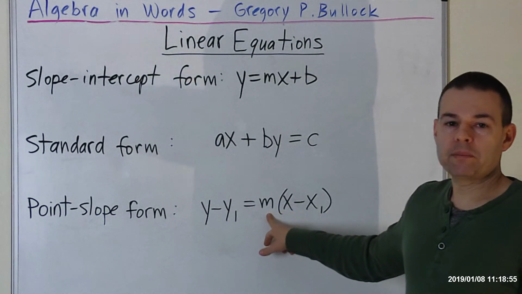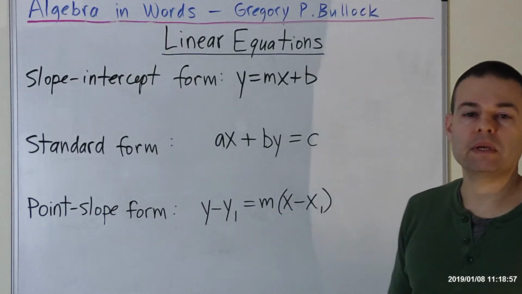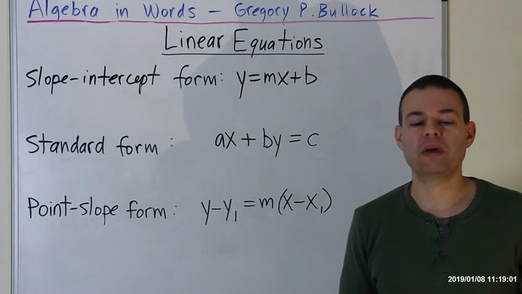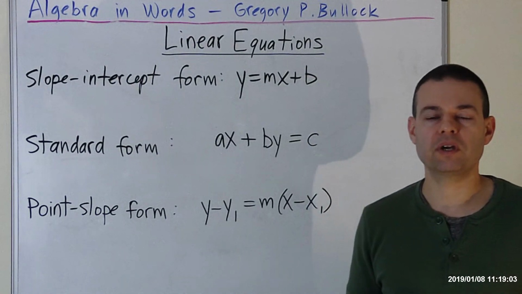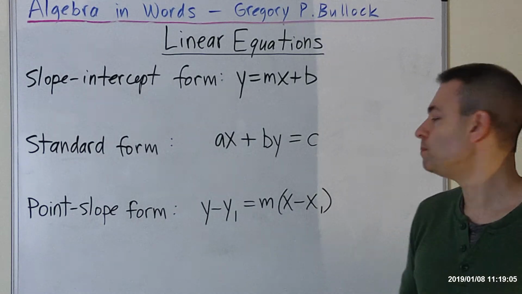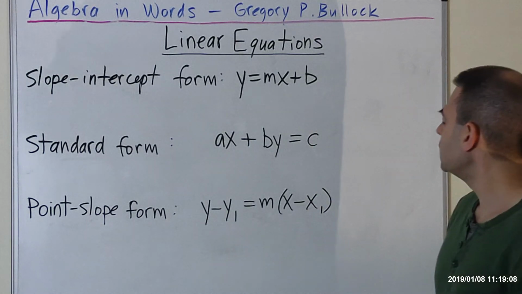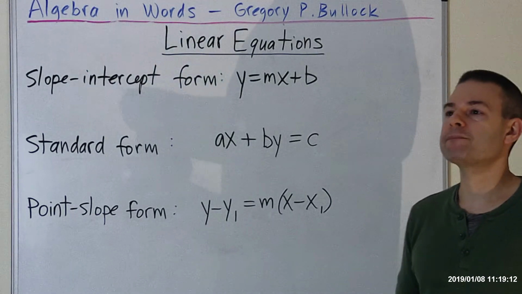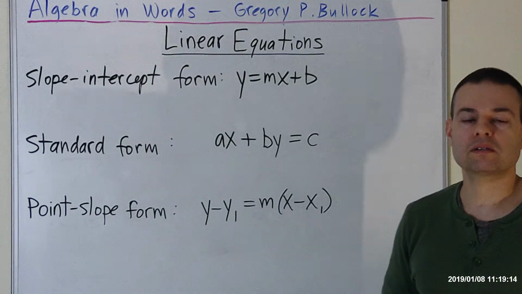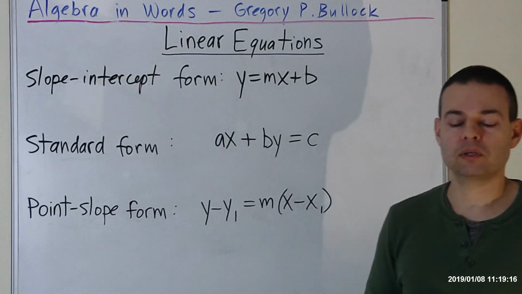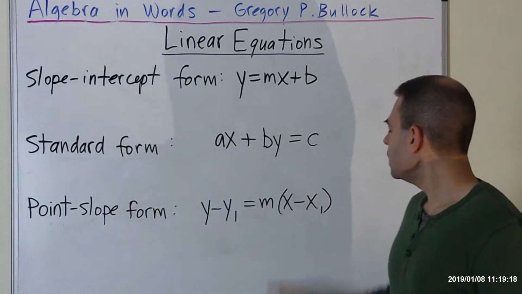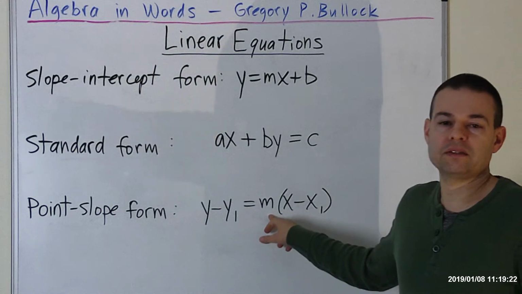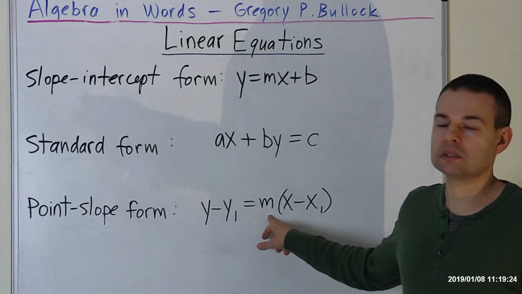You also see the m here. Sometimes the m is given, the slope. Sometimes you have to solve for the slope, depending on what you're given and how many points you're given. I think that pretty much summarizes this. One final thing that I want to say before we go on, I think is an important point, is in this form, if you have slope, it does represent the actual slope, okay?